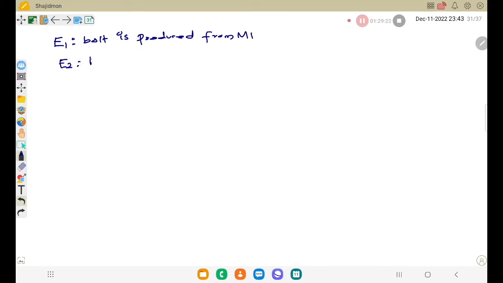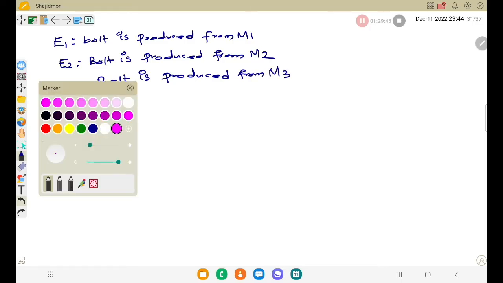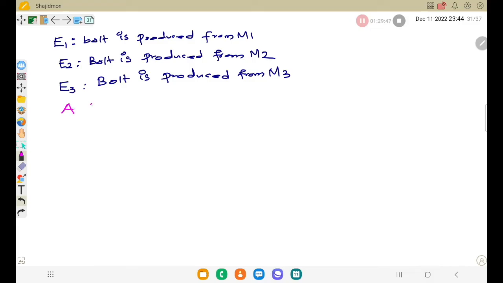E2, the bolt is produced from machine 2. E3, the bolt is produced from machine 3, correct? And capital A is the event that the bolt is defective, correct?